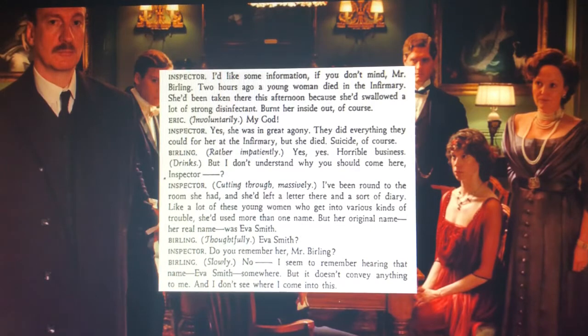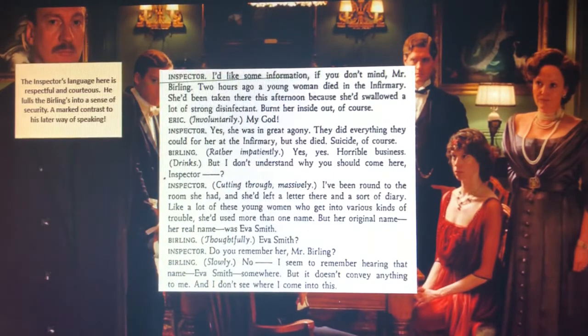I've been around the room she had, and she left a letter there in a sort of diary. Like a lot of these women who get into various kinds of trouble, she used more than one name. Her original name, her real name, was Eva Smith. Do you remember Eva Smith? Do you remember her, Mr. Burling? No. I seem to remember hearing that name, Eva Smith, somewhere, but it doesn't convey anything to me. I don't see where I come into this.